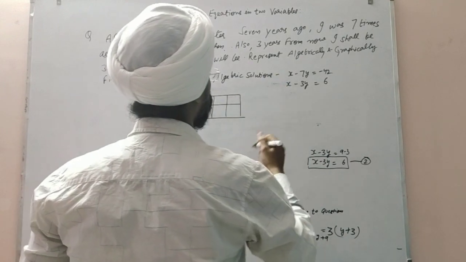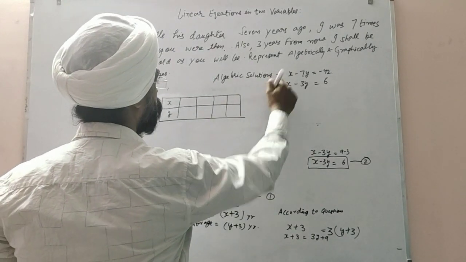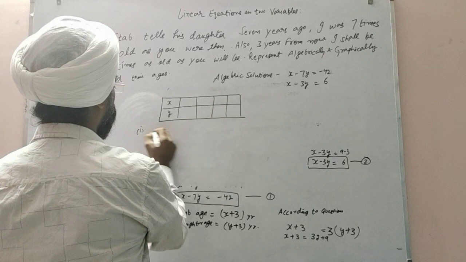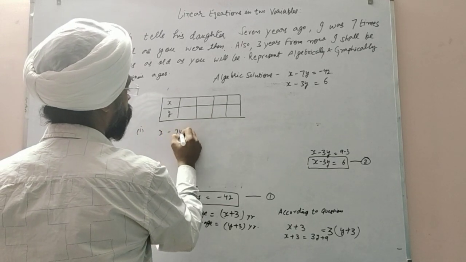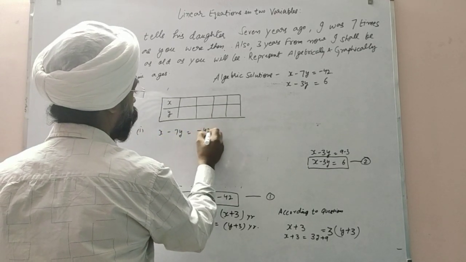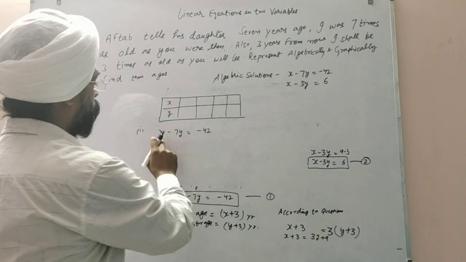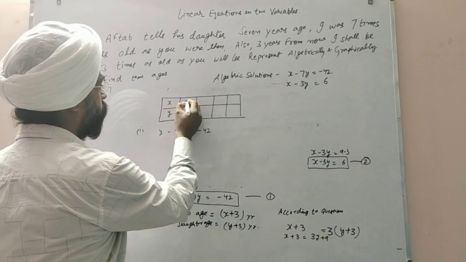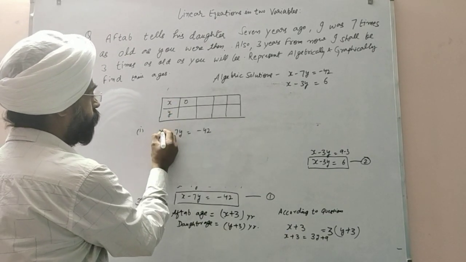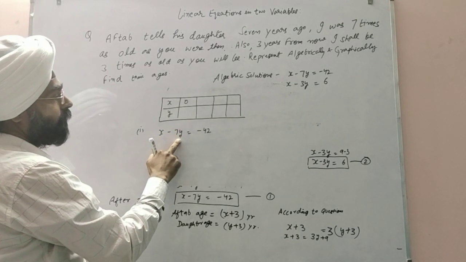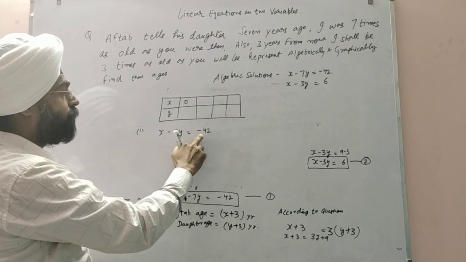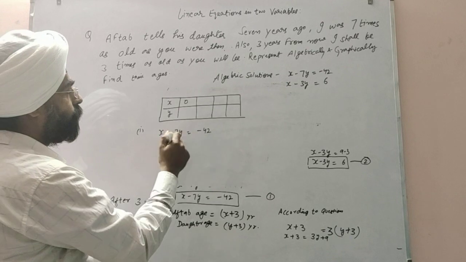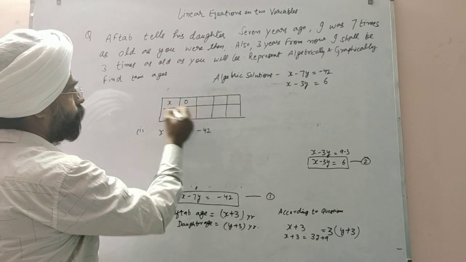Now how to solve this type of solutions? Take the first equation, x minus 7y equal to minus 42. You can take x as 0. If we put x equal to 0 in this equation, minus 7y will be equal to minus 42, minus gets cancelled, and y will give you 6.